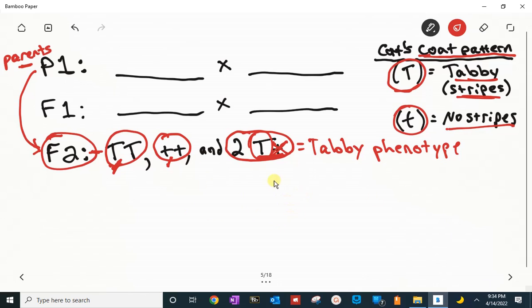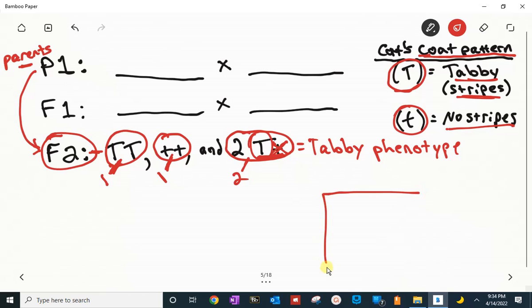So if we have one kitten with homozygous dominant, that's one, and one kitten with homozygous recessive, and two kittens with heterozygous dominant, let's look and see what that does.